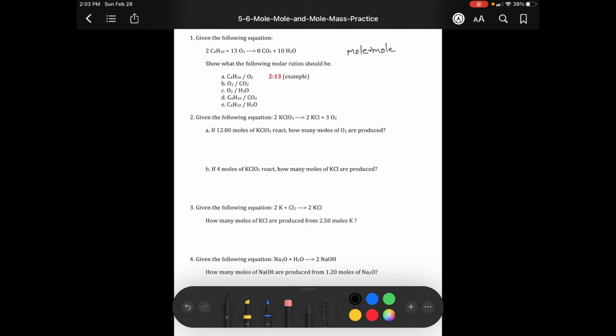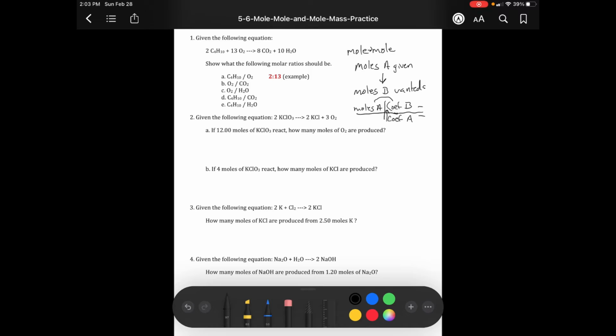They're going to be moles of substance A, which is given, and then you are going to convert to substance B, moles B, wanted, and the process you're going to use is going to be moles A, T-chart, coefficient A, coefficient B, and that's going to be what you're being asked for, and that is going to give you your answer. You multiply across the top and you divide by the bottom.